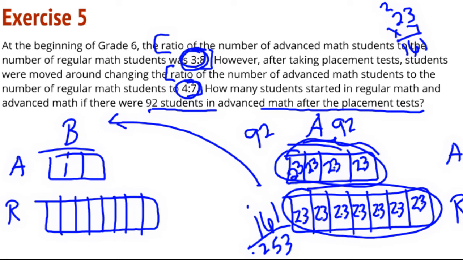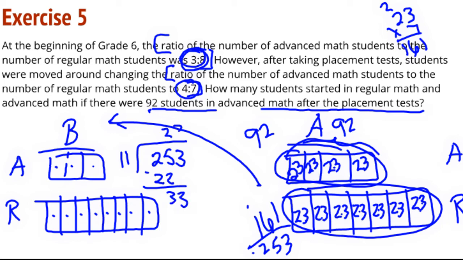We can count up the number of units, 1, 2, 3, 4, 5, 6, 7, 8, 9, 10, 11. We could take 253, we could divide it by 11, and we'd find out that each unit is equal to 23.